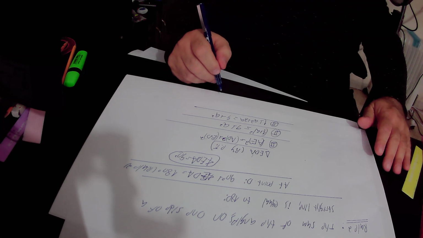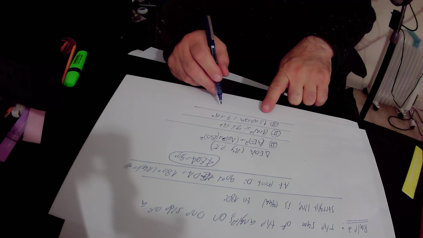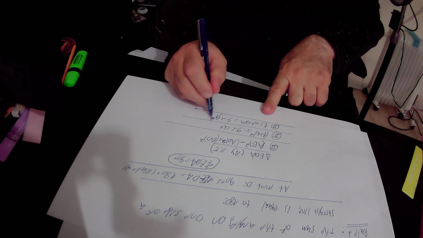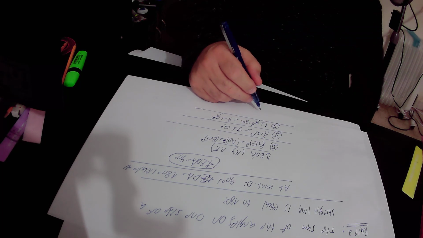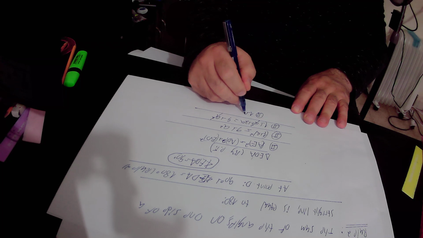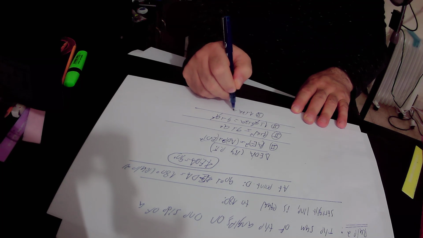In this equation we have A squared on both sides, so A squared will get cancelled, and we are left only with 1 plus 2A equals 9.